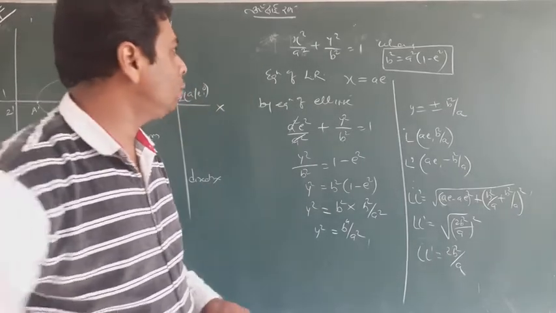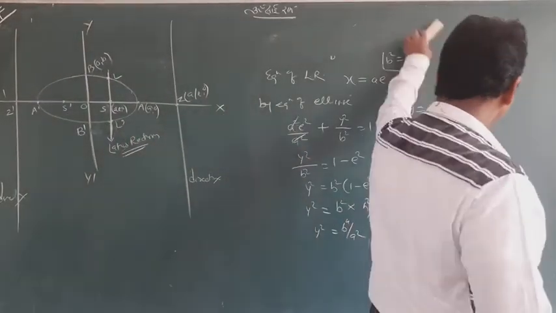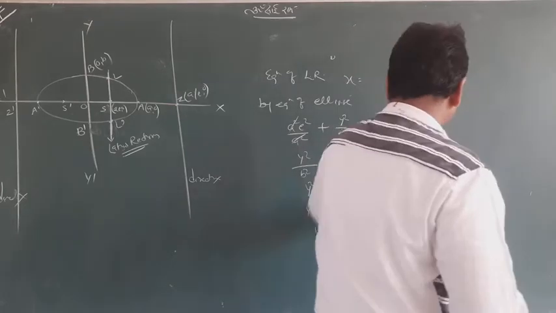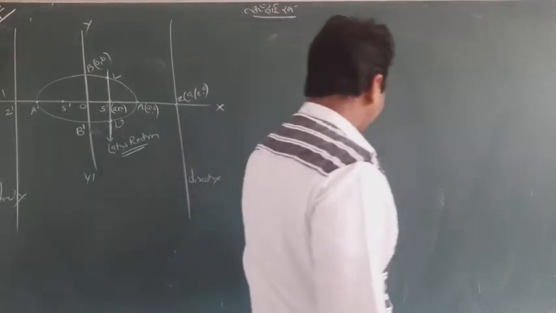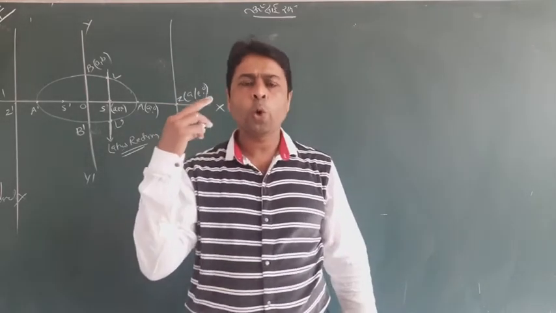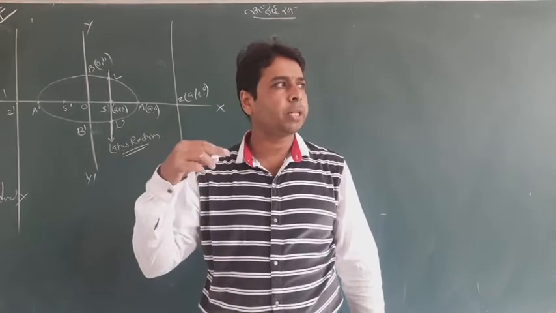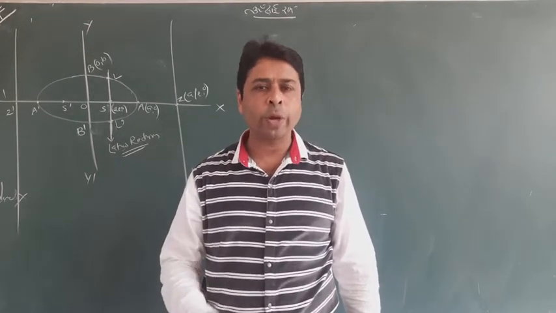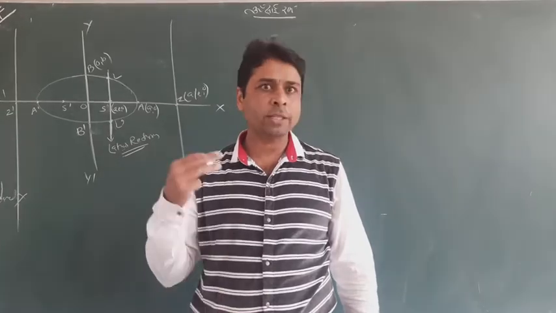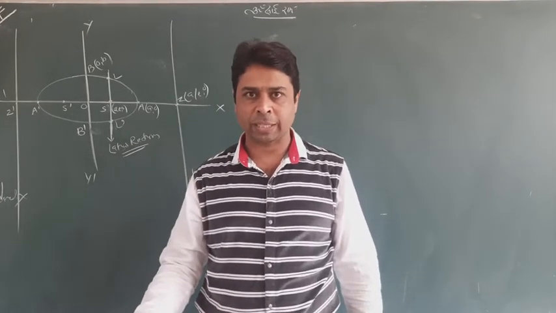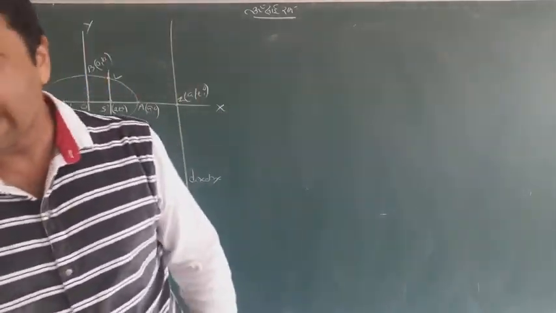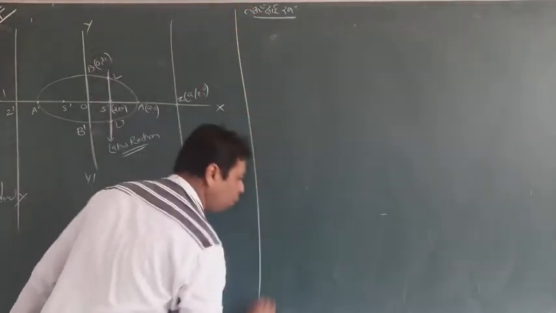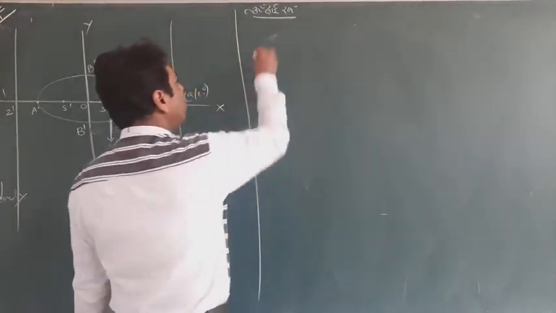Now I will tell you a few specific things. In parabola we had seen the equation, then the coordinate of focus, then equation of directrix, then latus rectum length, and lastly equation of axis. We will look at the same things here, but a few more things we will study. First, equation.